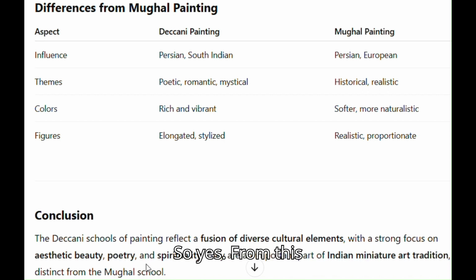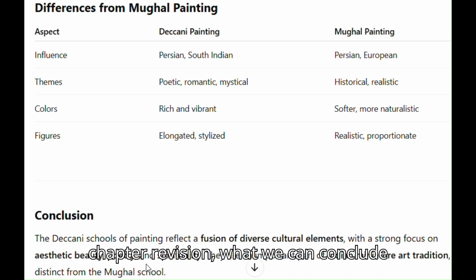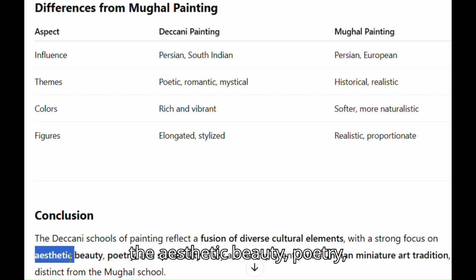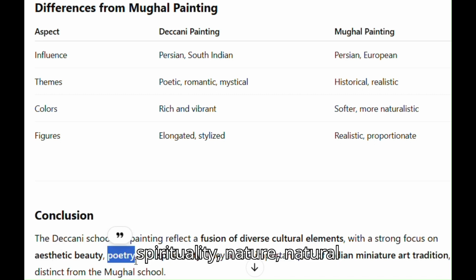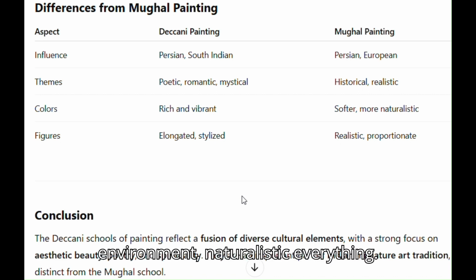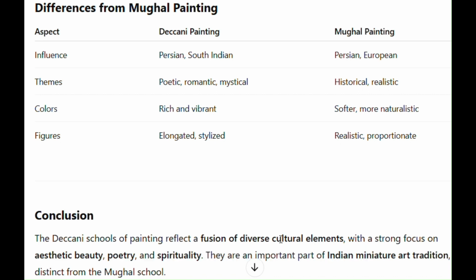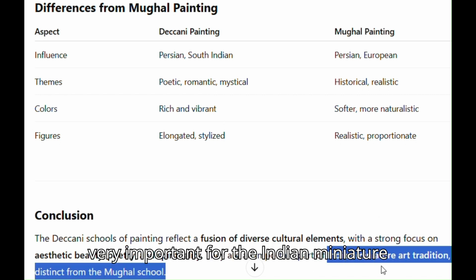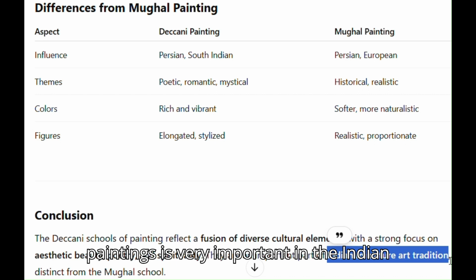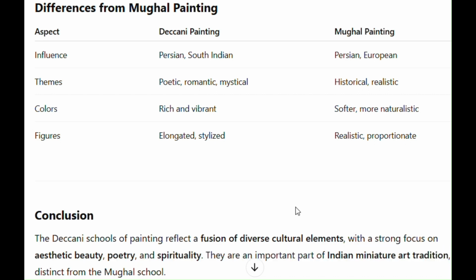So from this chapter revision, we can conclude that the Deccani school of painting is very important as it gathers all the aesthetic beauty, poetry, spirituality, and natural effects. It is very important for the Indian miniature art tradition. So this is very important to remember. Thank you.